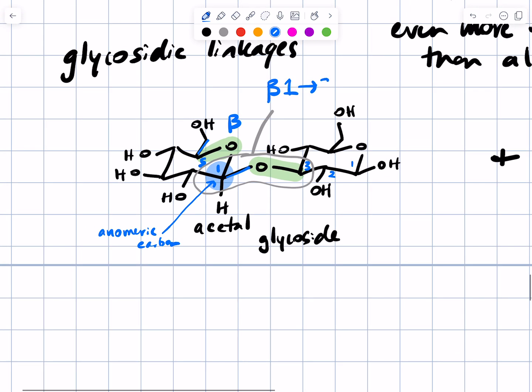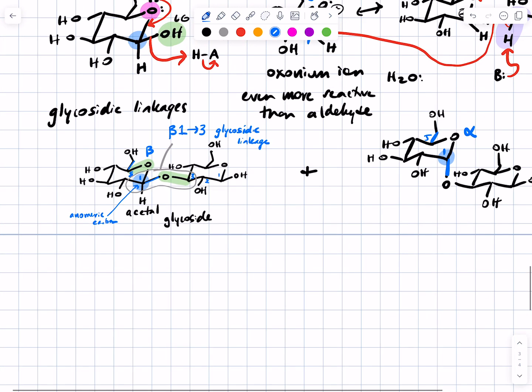So we will call this a beta 1,3 glycosidic linkage. Over here, the glycosidic linkage is alpha 1,3.